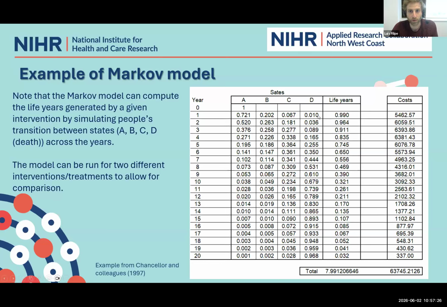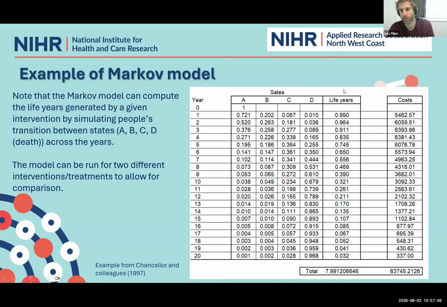So only 1% of the people are dead. So we know that 99% of the people are alive. So we can compute the life years based on this. Then, as you move on, the same you can check how many people are alive by summing the people that are in A, B, and C, and you know how many people are dead by looking at D.